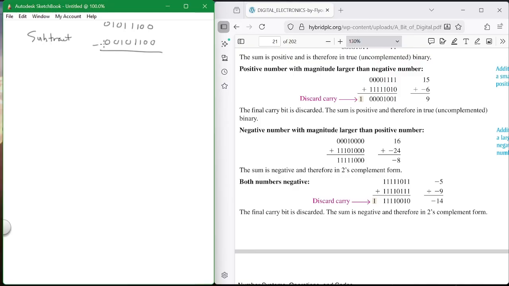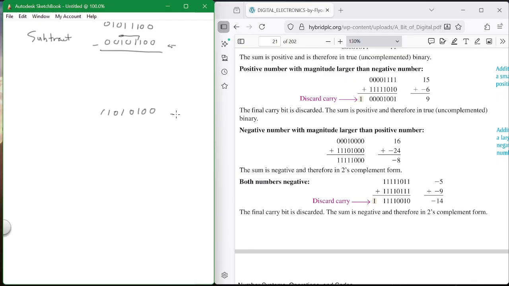I can say, okay, I find the 2's complement of this number, and then I add it to this number. So let's do that. Find the 2's complement of the second number. So I bring it down 0, 0, 1, but then from that point on I flip: 0, 1, 0, 1, 1. Does everybody see that? This is 0, 0, 1, and then I flip 0, 1, 0, 0.